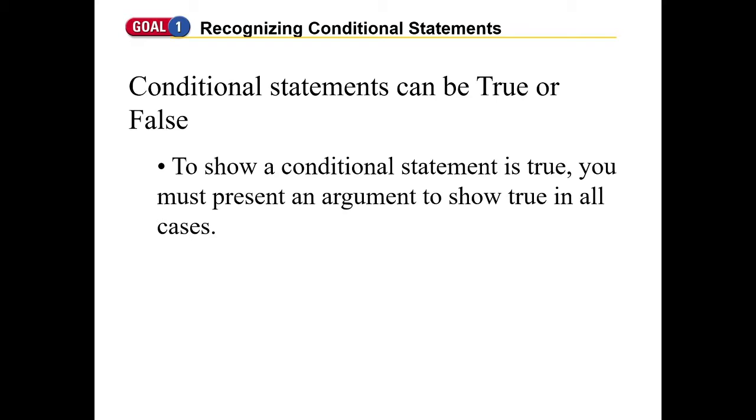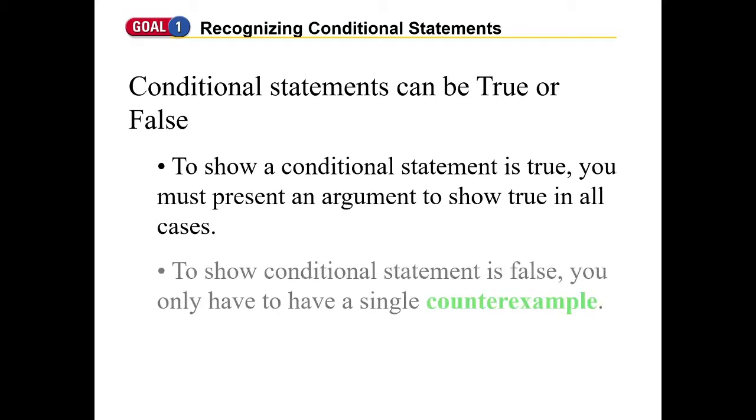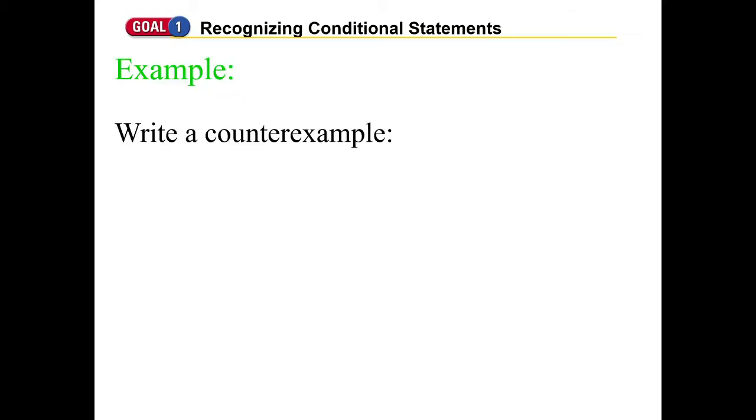Just one example that will make your conditional false, and it's false already. That is what you call a counterexample. The one example that you can think of that will make the conditional statement false is what you call a counterexample.